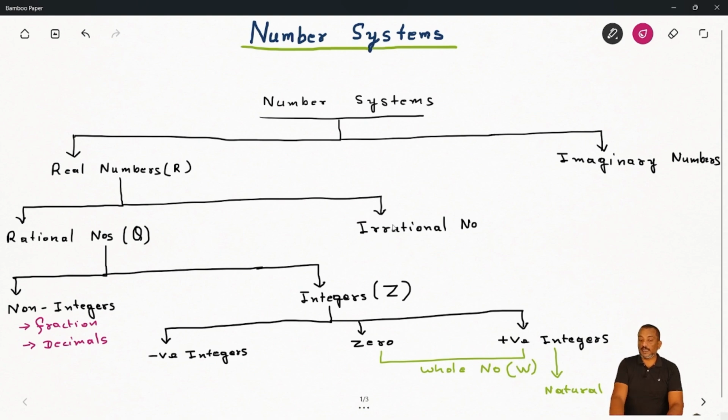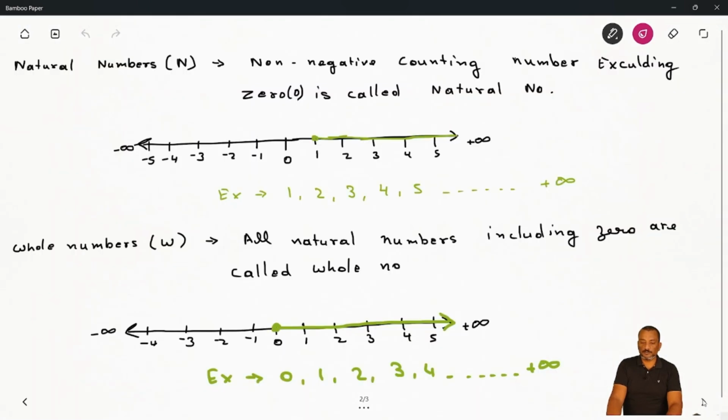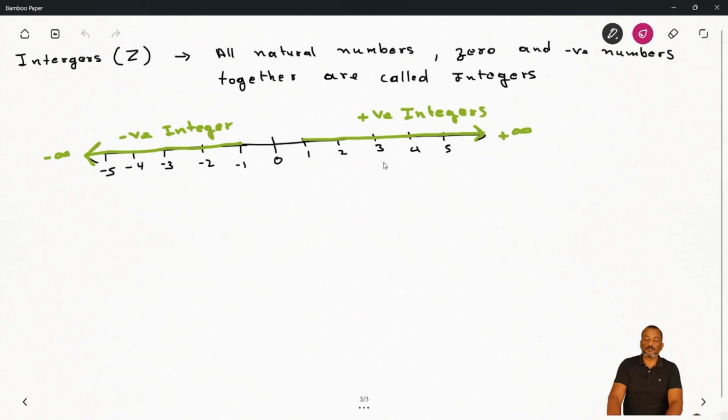So hope you understand the first part of this one. Now coming further to rational numbers, okay. Examples of integers: 1, 2, 7, -2, -5, 0, 8, okay.